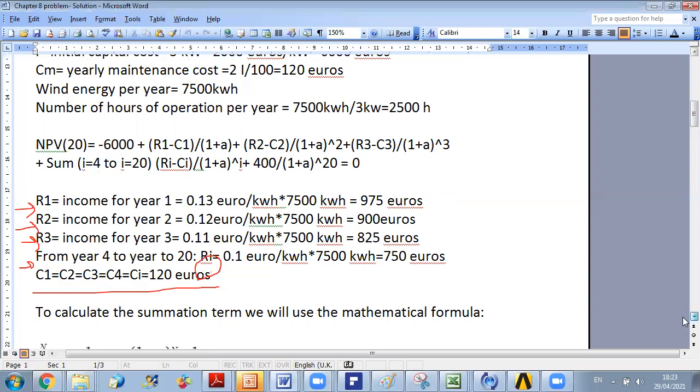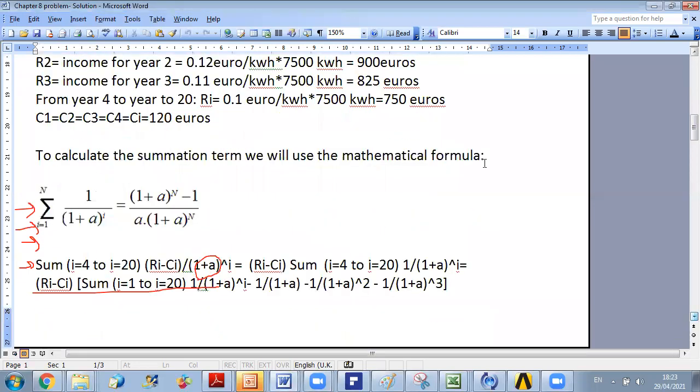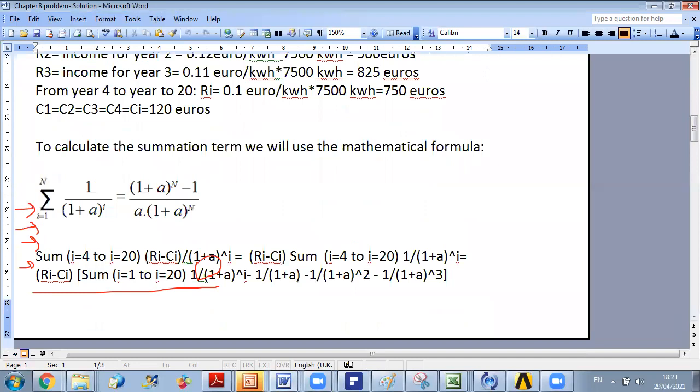The summation that we should perform is the sum from 1 to n of (R_i minus C_i) over (1 plus a) to the power i.